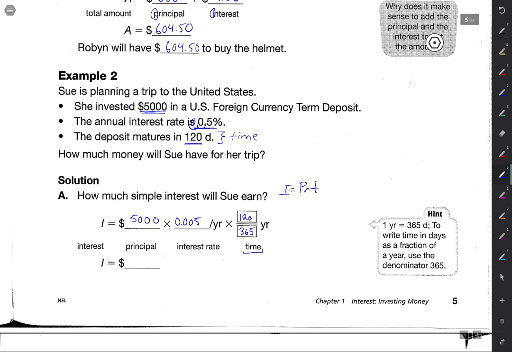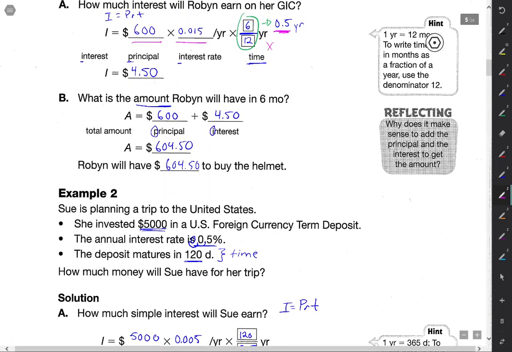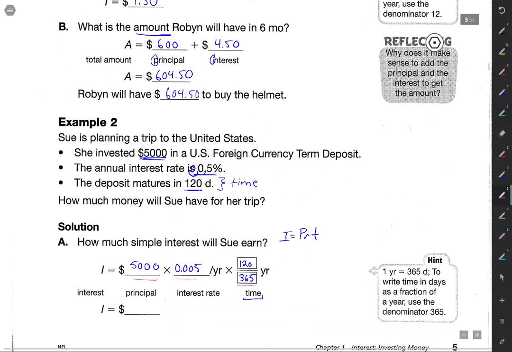So in your calculator, you can either do 5,000 times 0.005 times 120 divided by 365, or we can convert this to a decimal just like we did in the last question with the 6 divided by 12. So in my calculator, I'm going to do 120 divided by 365.